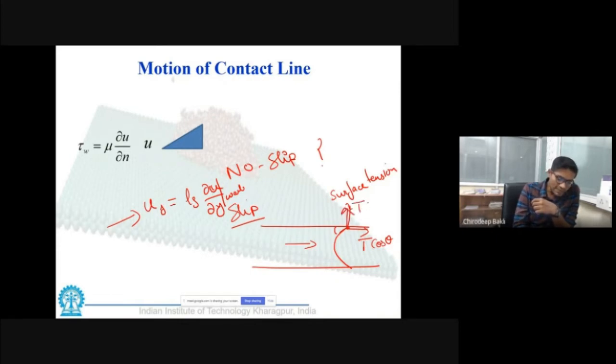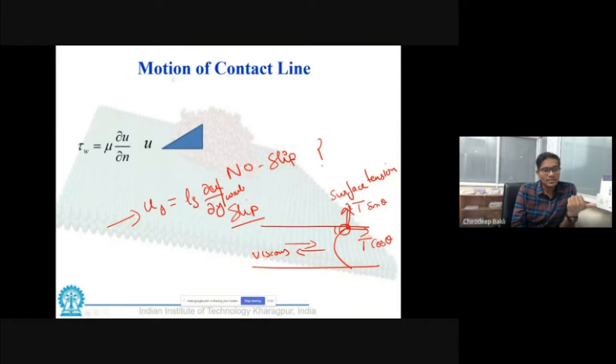The other component, the sin theta component, would be acting along the periphery outwards and would cancel each other. This would be opposing our good old viscous force, and the balance of these forces would give us the equation of this.